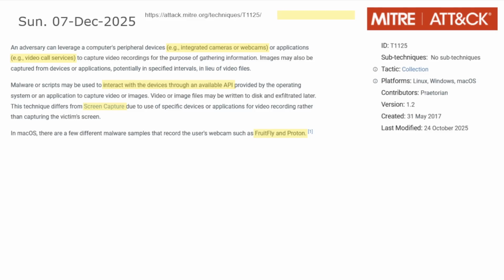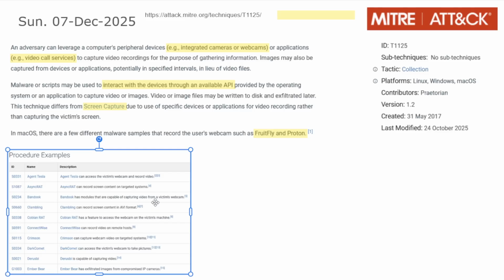All right then. So let's copy paste right beneath that some procedure examples. Not too many. Again, we have software here. Here's a group. I just want to have at least one group here. That's a bit... can you guys even read that? That's too small.